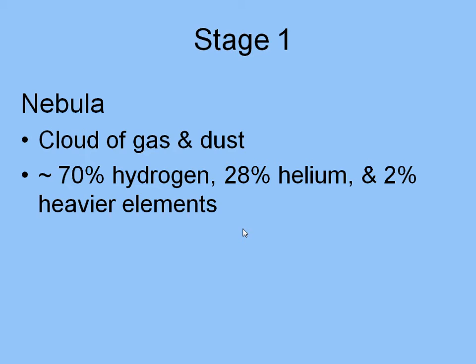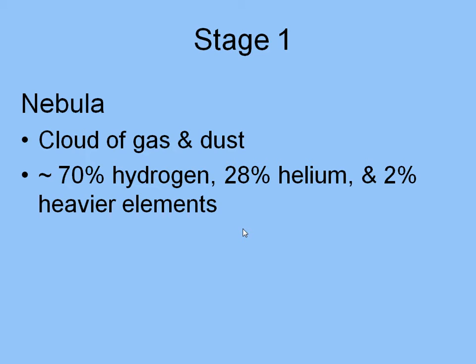That's right, the majority. If we look at our sun, our closest star, the reason we have energy is because we're converting hydrogen into helium through the process of fusion.